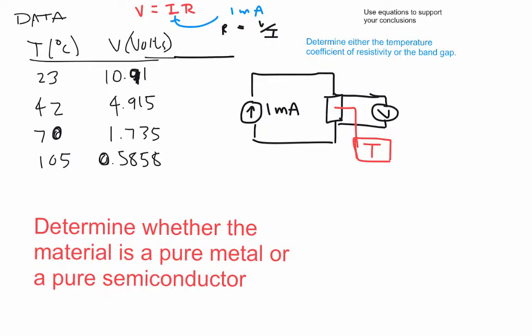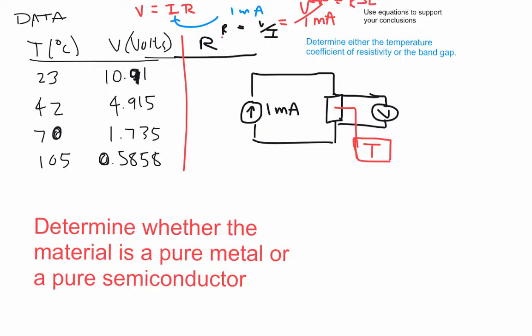So if we put the resistance here, what we could do is take the voltage in volts divided by 1 milliamp, and you can see that this becomes volts per milliamp, which is going to equal kilo ohms.